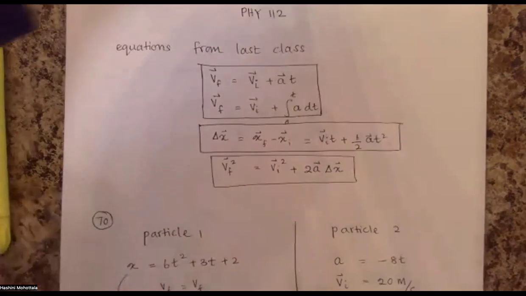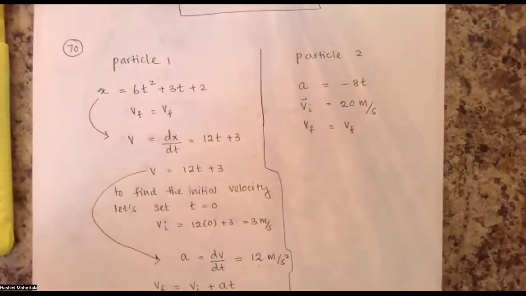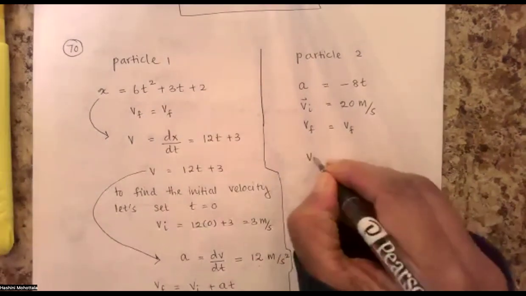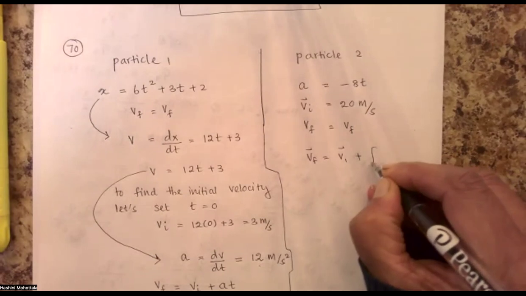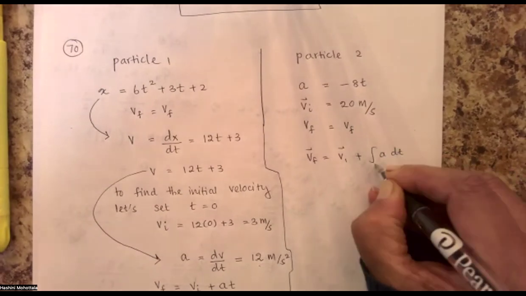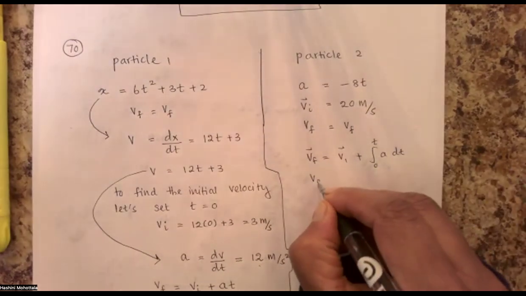All right, so let's do that. We will write V final equals V initial plus the integration of A dt going from 0 to t. So there you have V final.